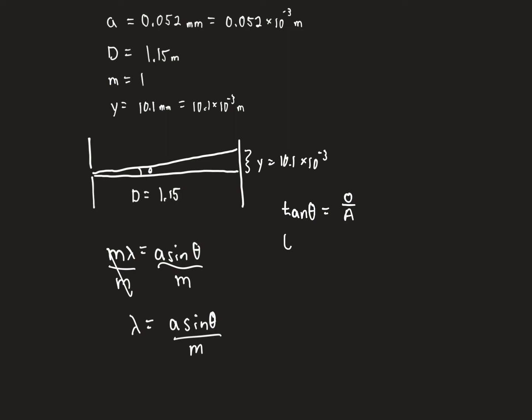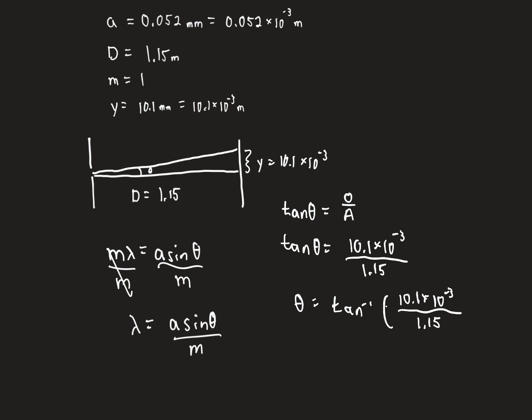So I can use tangent of theta is equal to 10.1 times 10 to the minus 3 divided by 1.15. I take the inverse tangent of both sides so that I find theta is the inverse tangent of 10.1 times 10 to the negative 3 divided by 1.15.